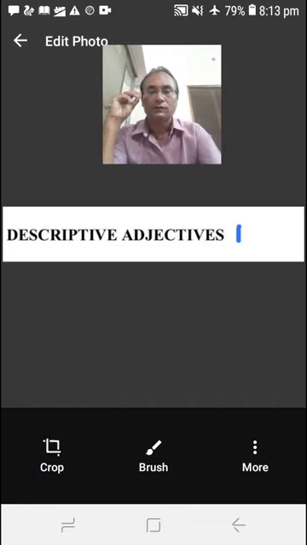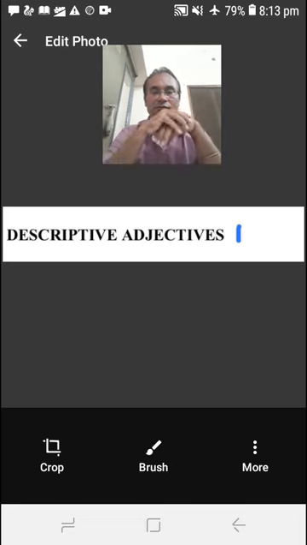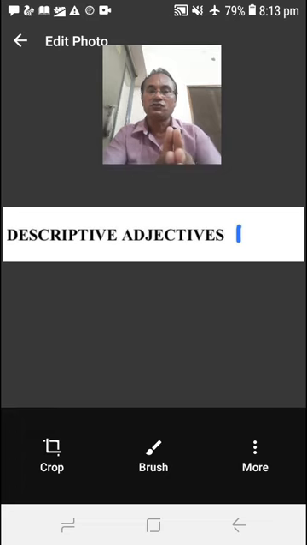So this is the explanation of the adjectives. But one thing I want to say here, that there is a slight difference between adjectives and pronouns. After an adjective we use nouns, but after pronouns we use auxiliaries or helping verbs.